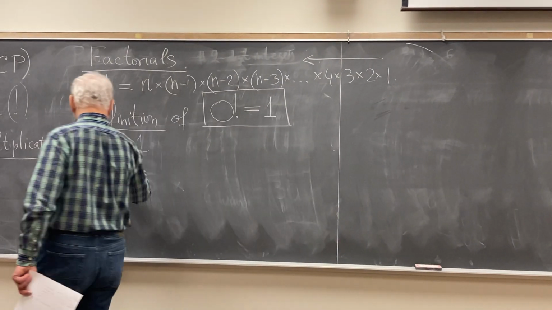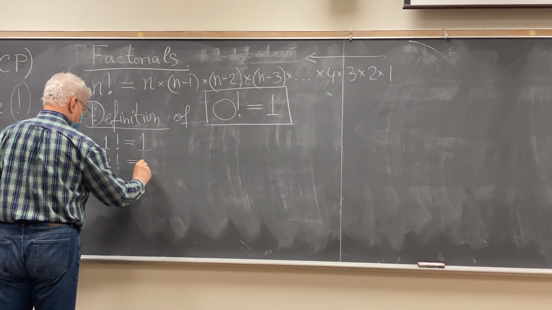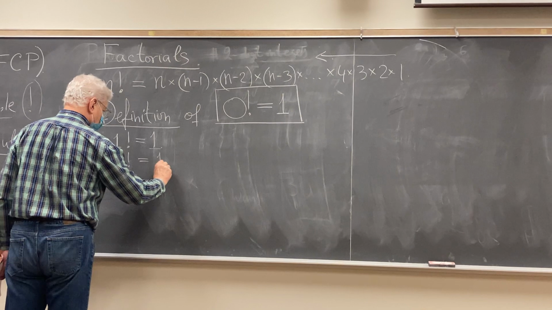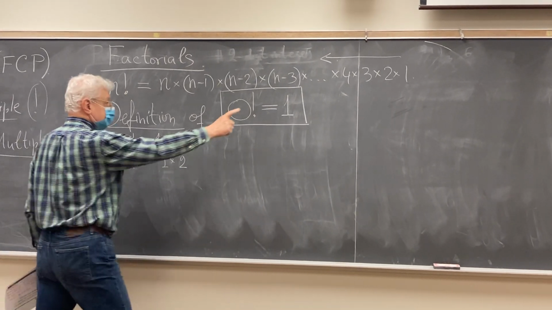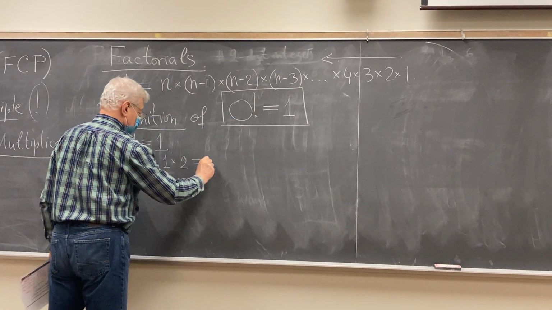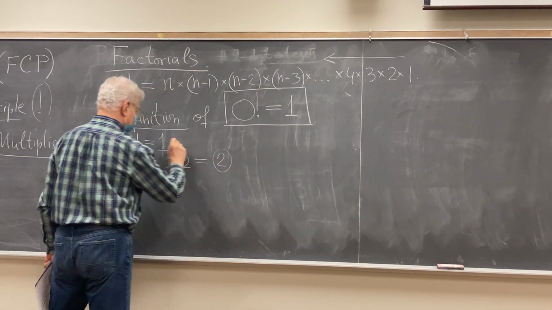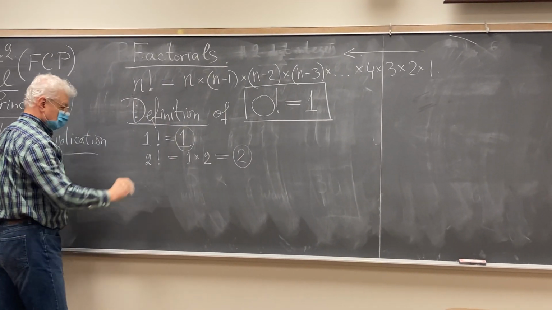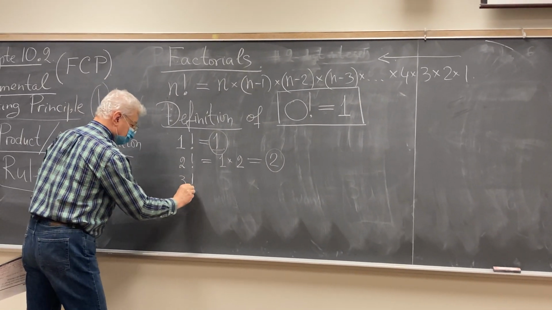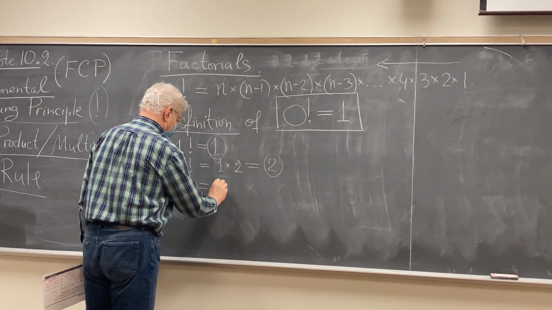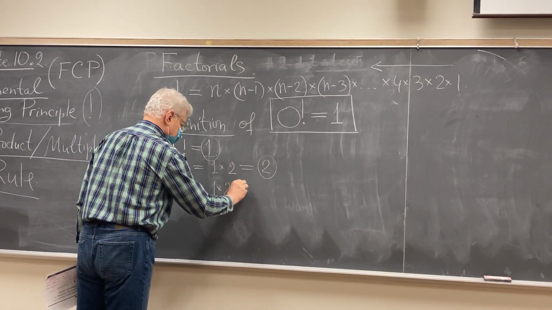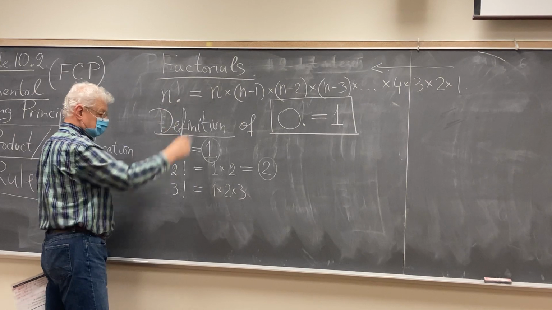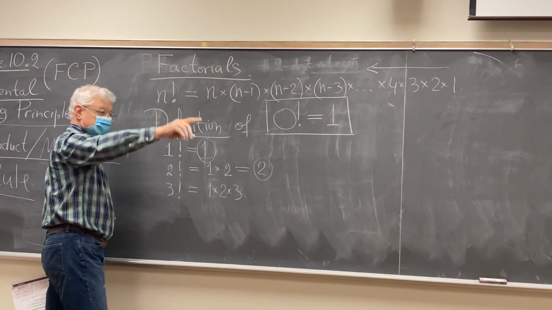Now let's calculate 2 factorial. Let's just write 1 times 2. And 3 is not here. So therefore the answer is 2. Let me circle. Yeah. So far small numbers. Now 3 factorial. It's 1 times 2 times 3, or 3 times 2 times 1. And we just calculated that.